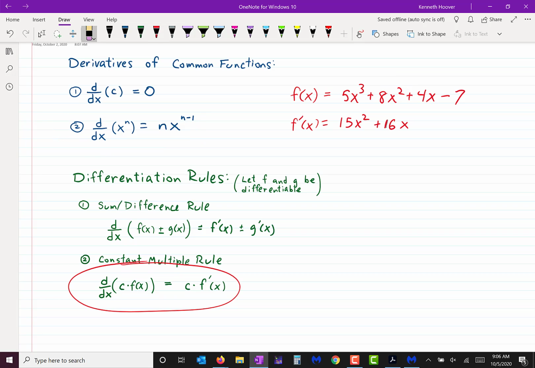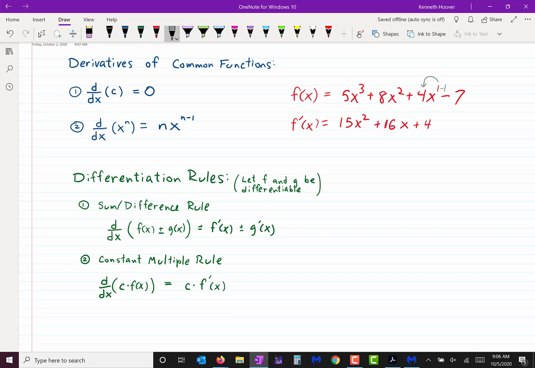And then for the next one, for 4x, it's not really showing there, but that's really 4x to the power 1, right? We take that 1 down, hits the 4, we get 1 times 4, which is 4. Subtract 1 from that exponent, you have x to the power 0, which is just 1.